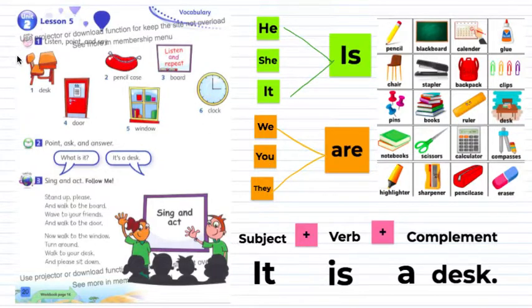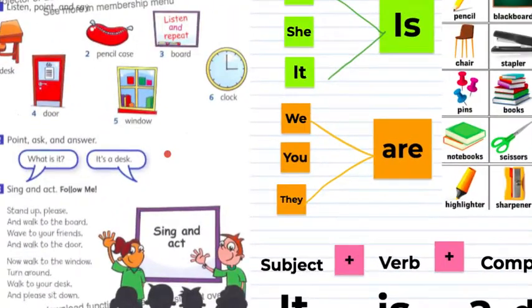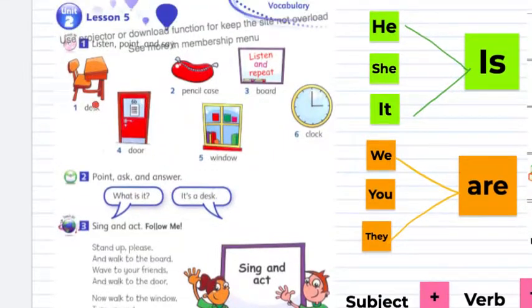So if you're seeing, you have an instruction here. And the lesson for today is school objects. If you notice, we have some school objects right here, okay? But we are not only focusing on school objects.